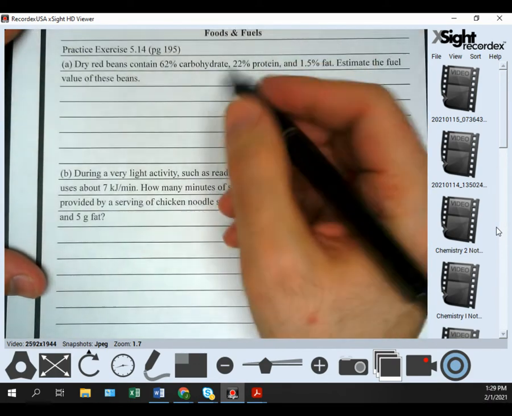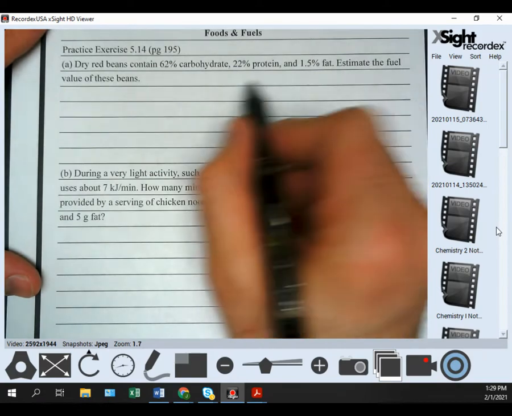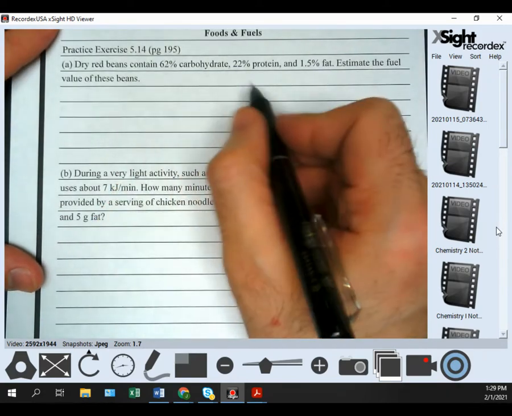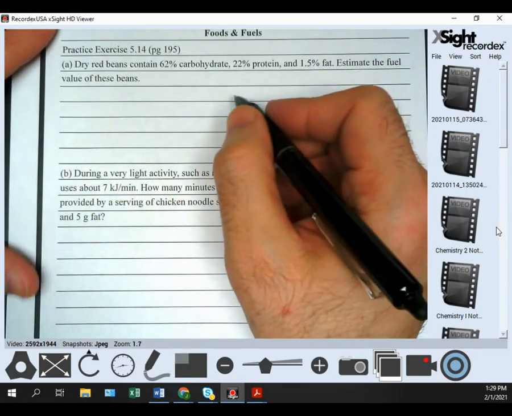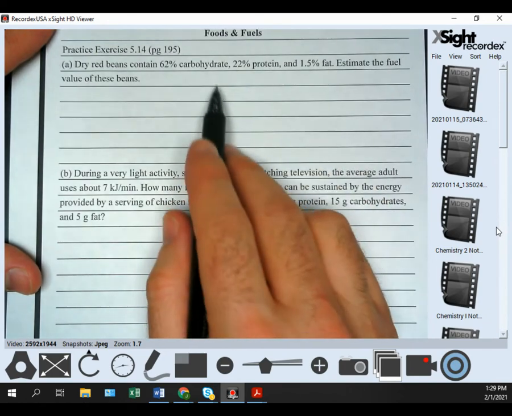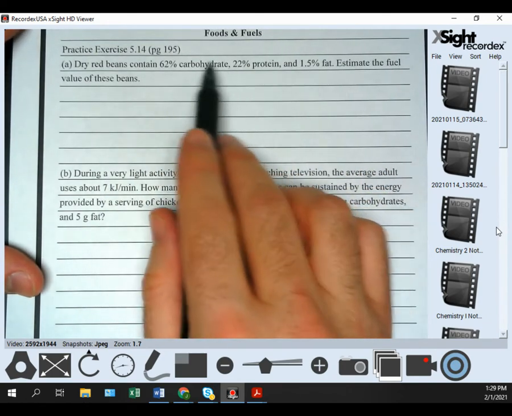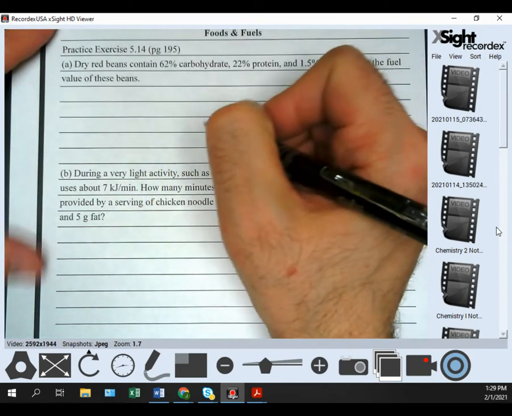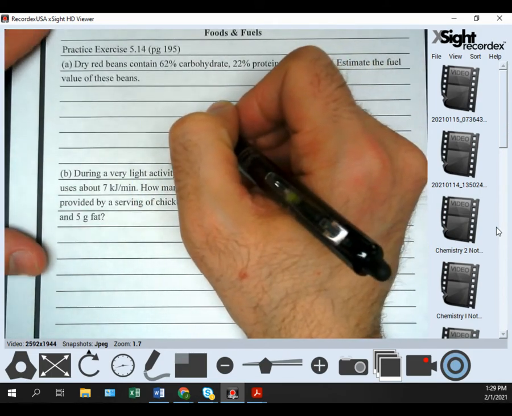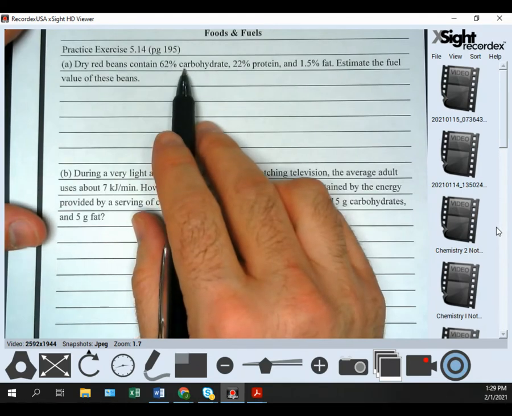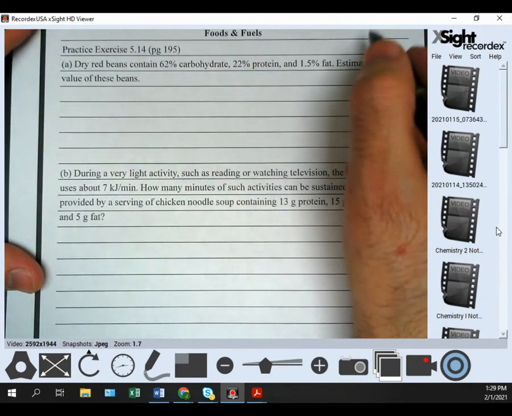Here's what we're going to do. We're going to take the percent now. I did not do this on this problem, but you can, if you want, combine the carbs. Well, let me do that.